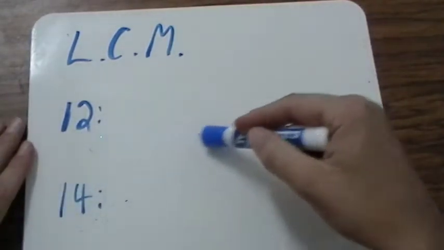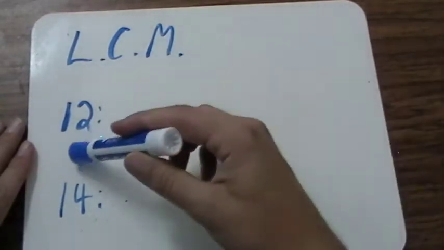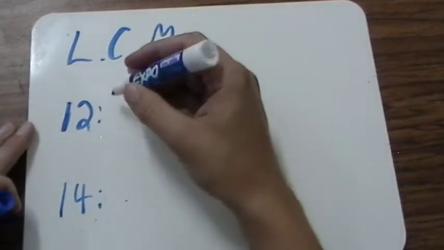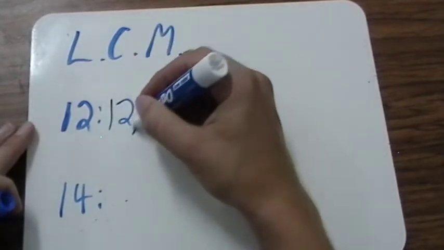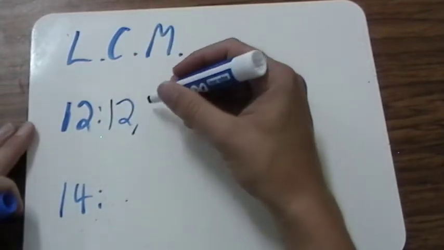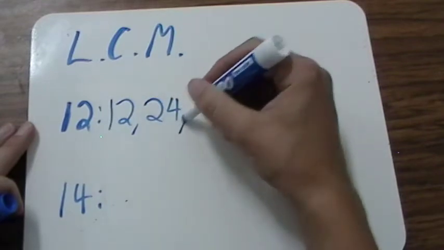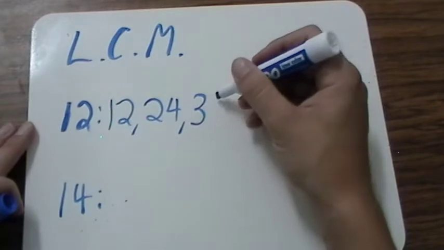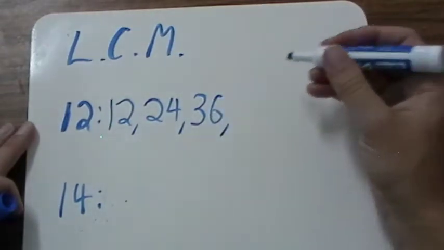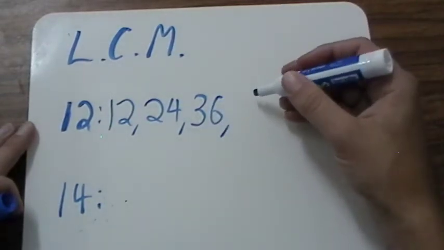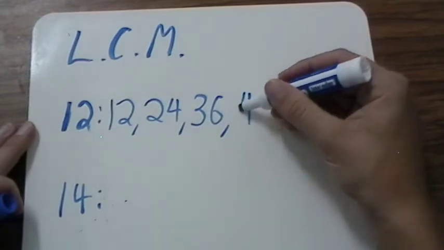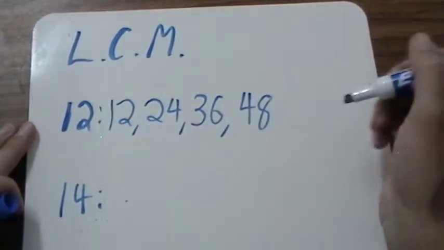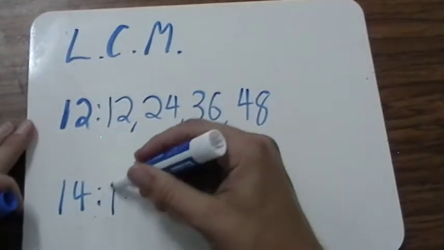So what I'm going to do is I'm going to start multiplying out my multiplication charts using 12. 12. 12 times 2 is 24. 12 times 3 is 36. 12 times 4 is 48. Let's stop there.